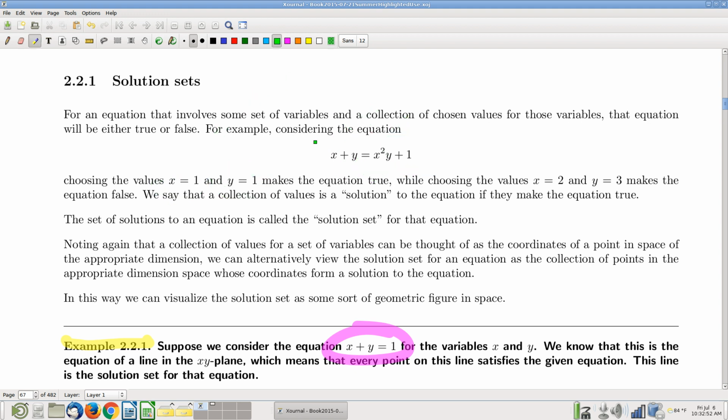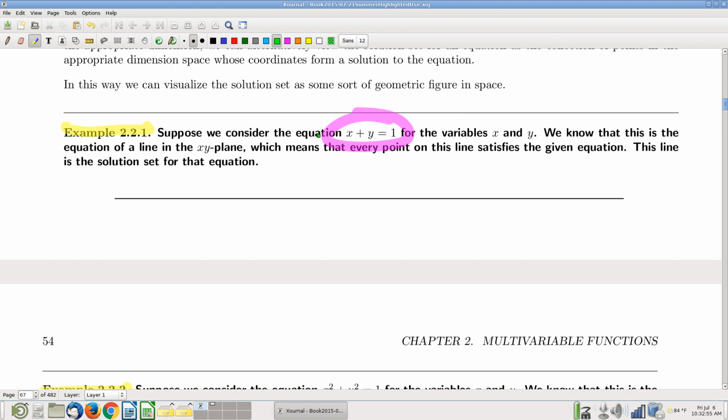This is not a hard thing to think about. Y'all have done stuff like this before. This is an equation in two variables. So here's R2. Let's call that the x-axis. Let's call that the y-axis. And that equation, I'm going to say, describes a line like that. What I mean by describes is that if a pair of numbers x and y satisfies that equation, the point is on the line.